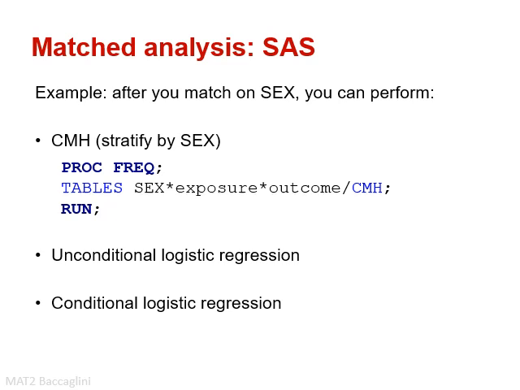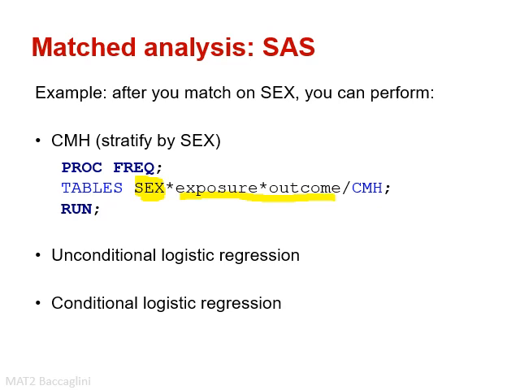In a matched analysis, we know that we can, for example, after matching on sex, do a Cochran-Mantel-Haenszel test where we include the stratification variable as a stratum. In this case, it would be sex, and we need to put it here at the beginning, and then we have the exposure and the outcome of interest.